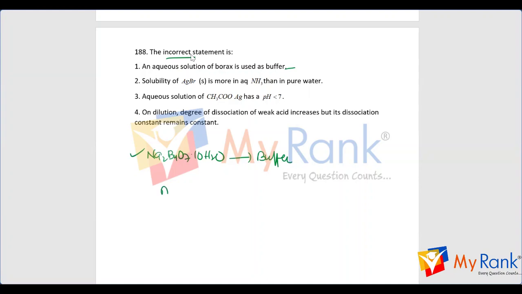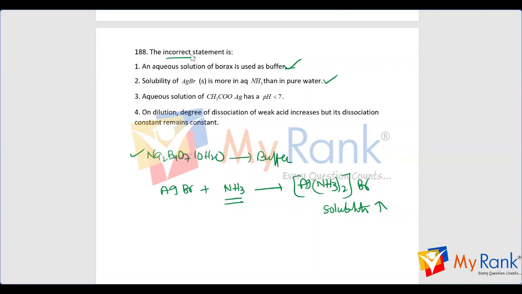Solubility of AgBr is more in aqueous NH3 than in pure water. If AgBr is taken with ammonia, AgBr can form a complex with ammonia, taking two NH3 and giving Br minus. As the ammonia forms a complex, solubility increases. Therefore, the first statement is correct, and the second statement is also correct.